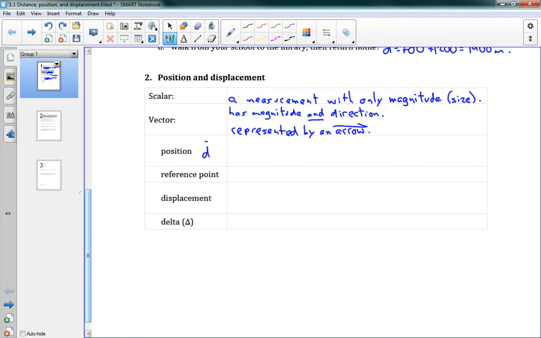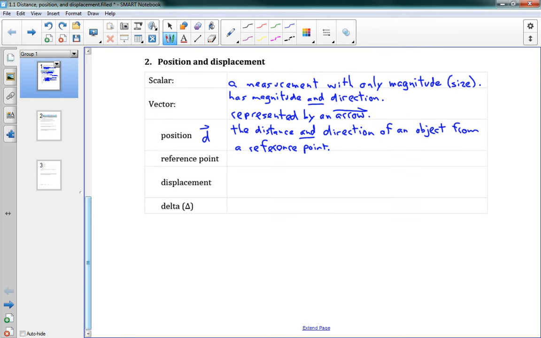Position, the symbol is d with an arrow over it, and this is the distance and direction of an object from a reference point. And so position is a vector.